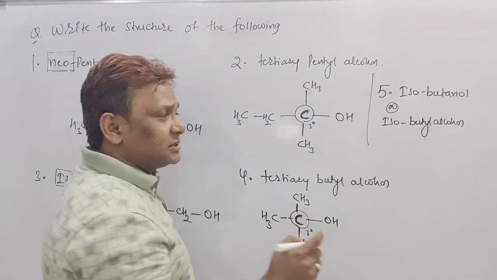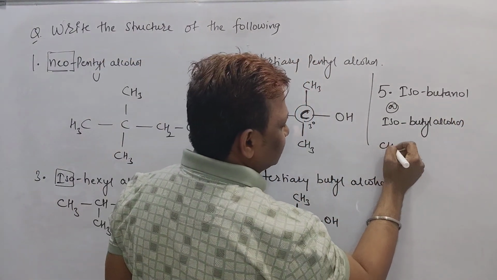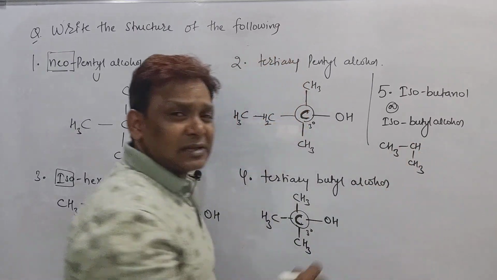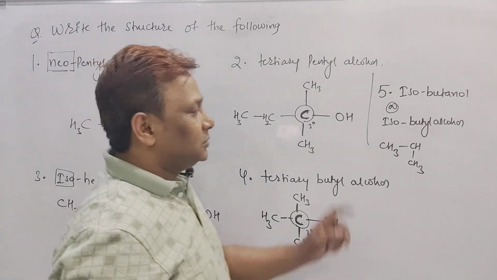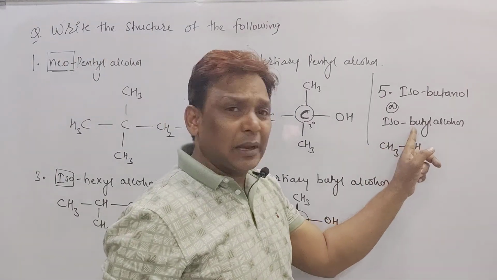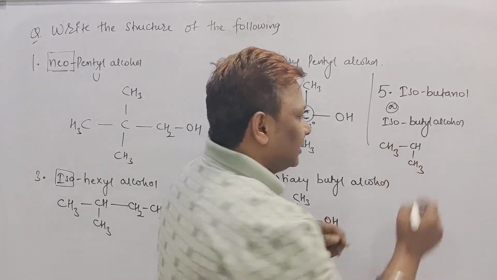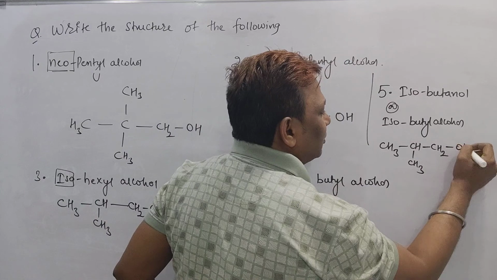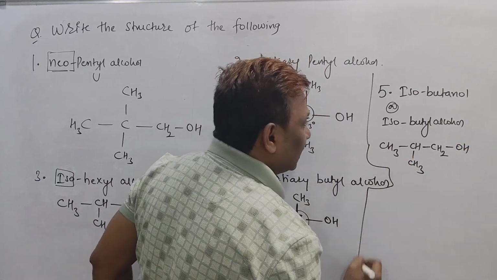So what to do? Just see here. Draw the iso group. So CH3, then CH, then CH3. This group is called as a what, beta? Iso group. Chalo. How many carbon atoms are there? Count. 1, 2, 3. Butyl, beta, 4. 1, 2, 3. And one more carbon you put here. And put the OH, called as isobutyl alcohol.